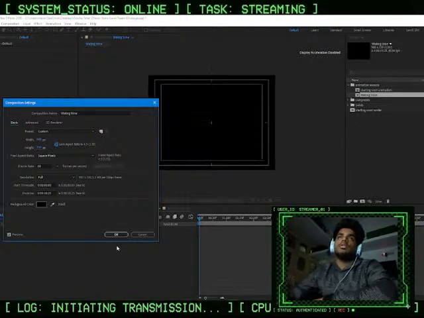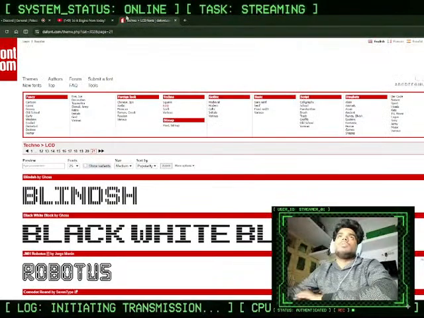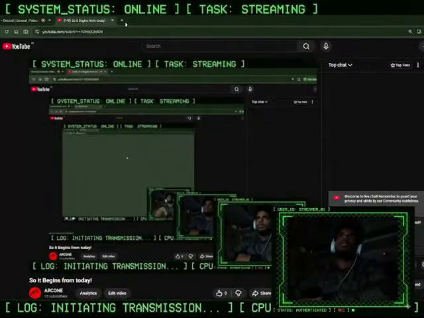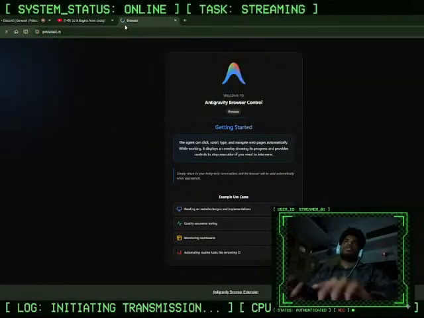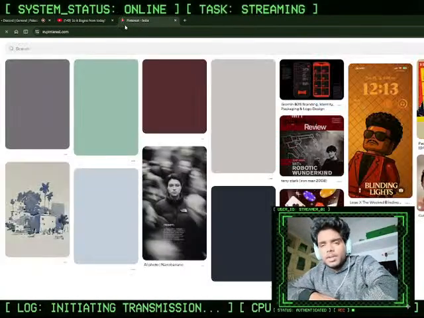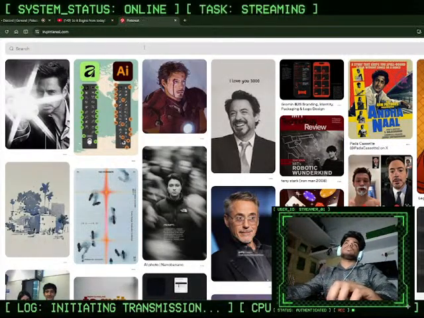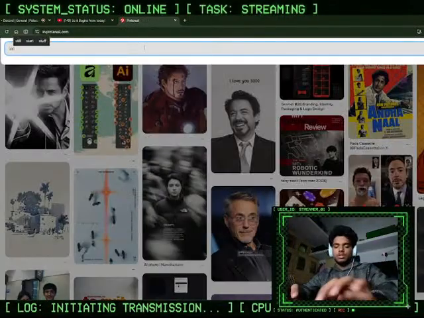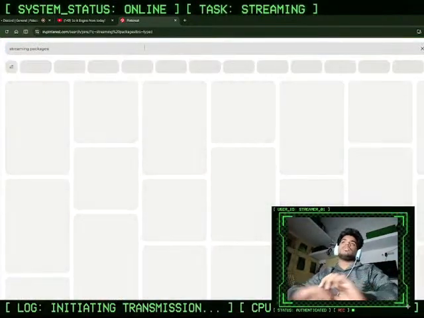Then go online and search for Pinterest and look at different streaming packages.